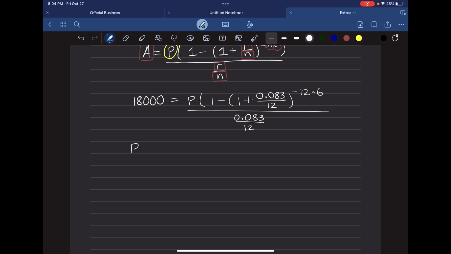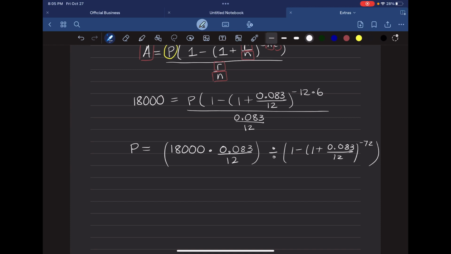I'm just going to write out what P would be after rearranging all of this. We've got $18,000. We're going to multiply that by 0.083 and then divide by 12. And then we're also going to take this whole thing and divide by 1 minus 1 plus 0.083 divided by 12 raised to the negative 72.